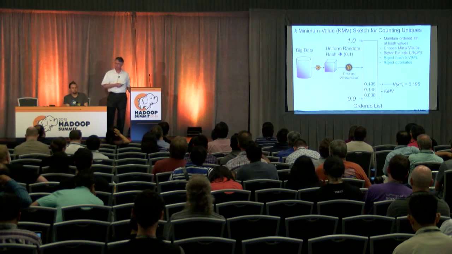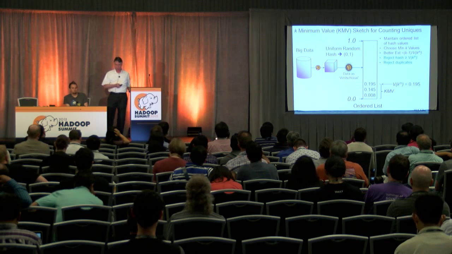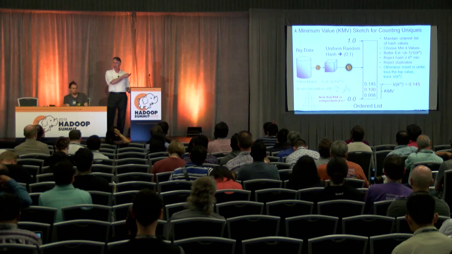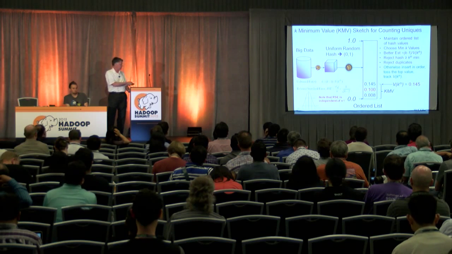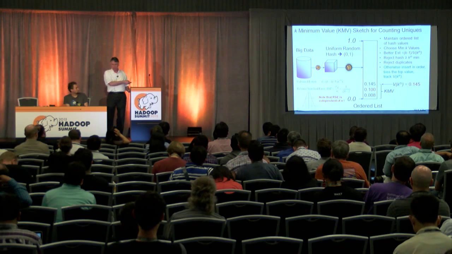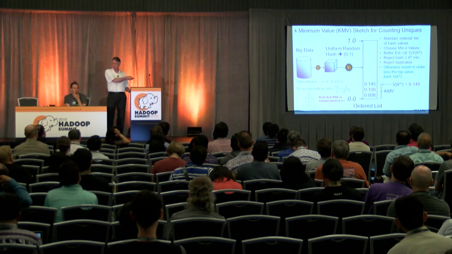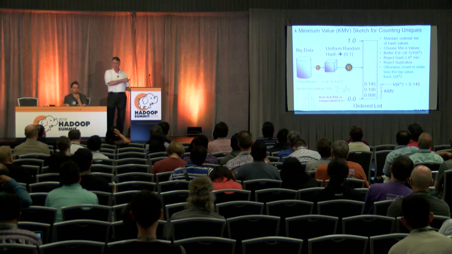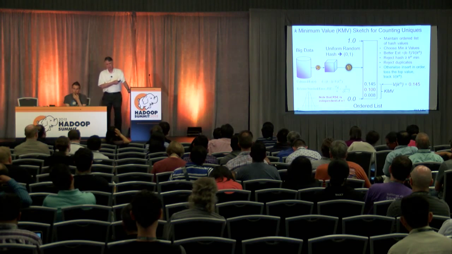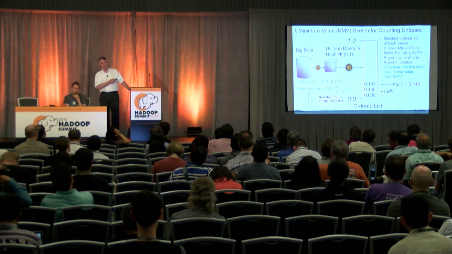If a value comes in that is not a duplicate and not greater than that, then I insert it in order in this little list, bump the top value, and replace my kth minimum value with the one that was just before it. Okay, so far? This is called the K minimum value sketch, or the KMV sketch, for counting unique values.